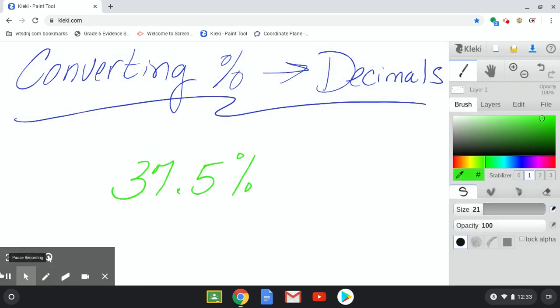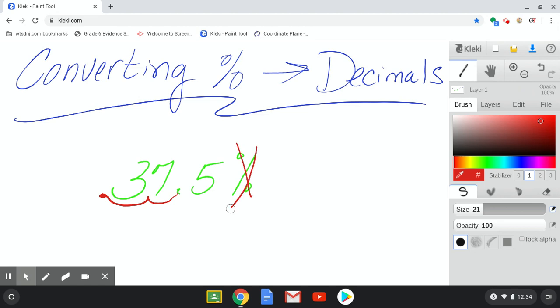Okay, so let's say I had 37.5%. I'm going to be taking the decimal and going 2 places to the left. So this is what you have to remember. You have to remember which way you're going with your decimal. So we want to get rid of the percent sign. So we are going 2 places to the left, 1, 2, adding our decimal, dropping our percent sign.